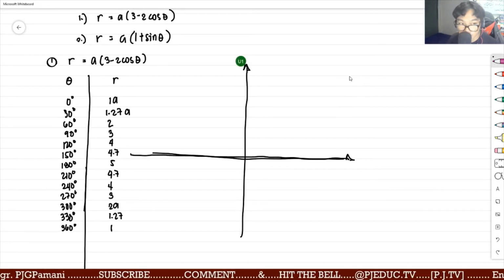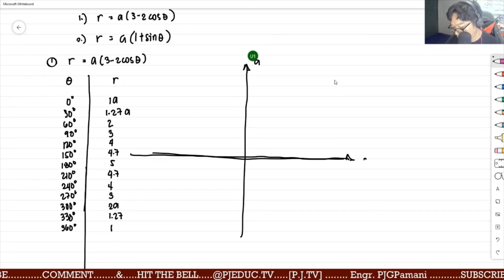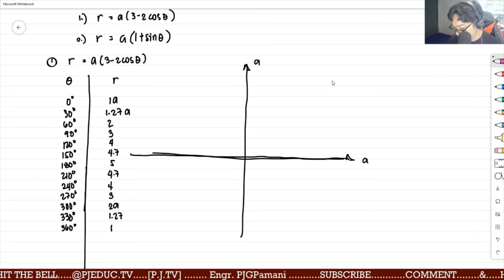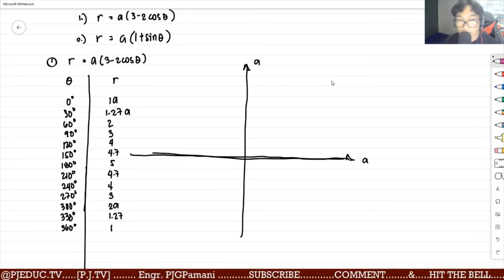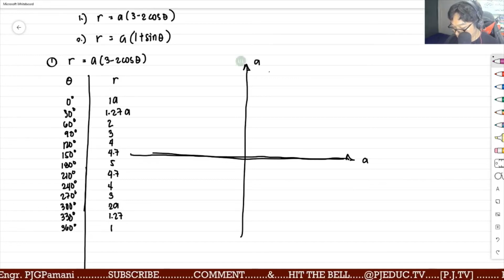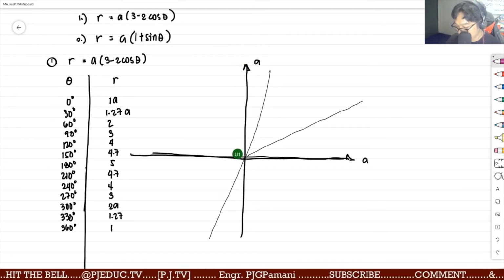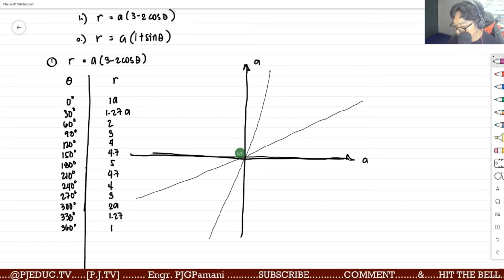Okay. In your Cartesian plane, this is your a, then your angle. Cut lang natin. That is 60, 30.